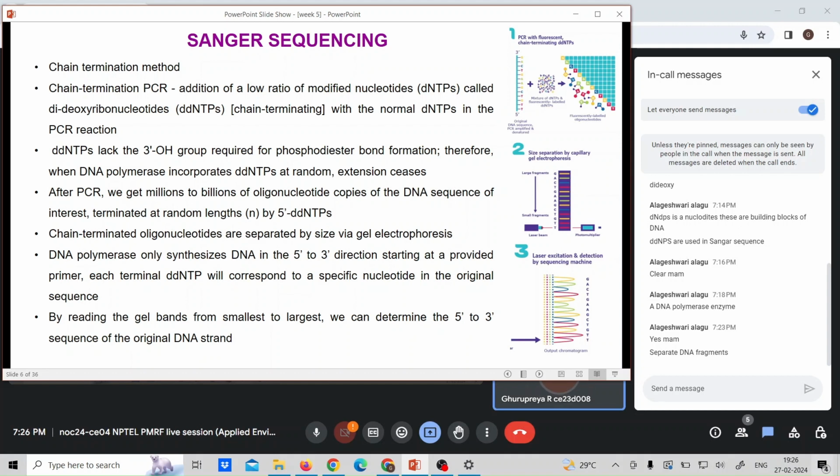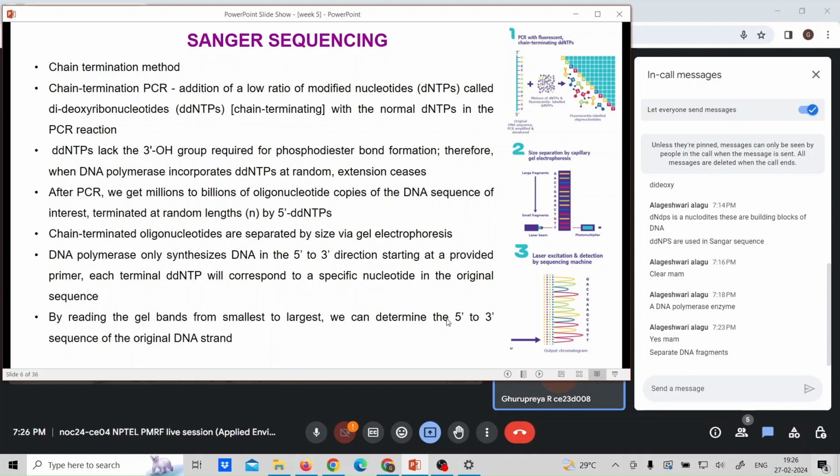Once it is moving, based on its size it will be stuck at some point, right? Because these pores are not going to be of uniform size. Whichever is the smallest fragment will move faster and farther, whereas the larger fragments are not going to move as much as the shorter fragments.